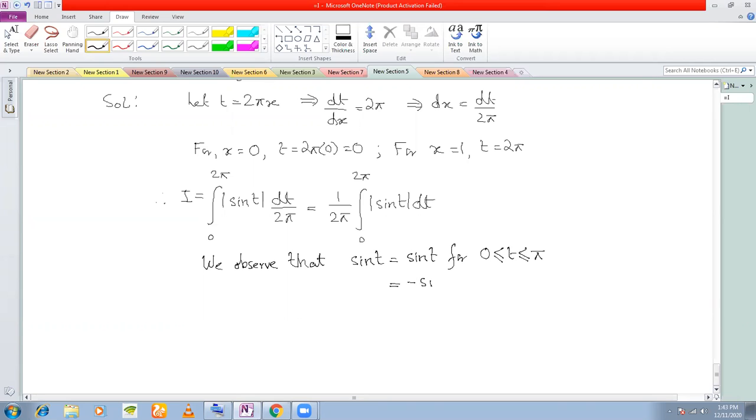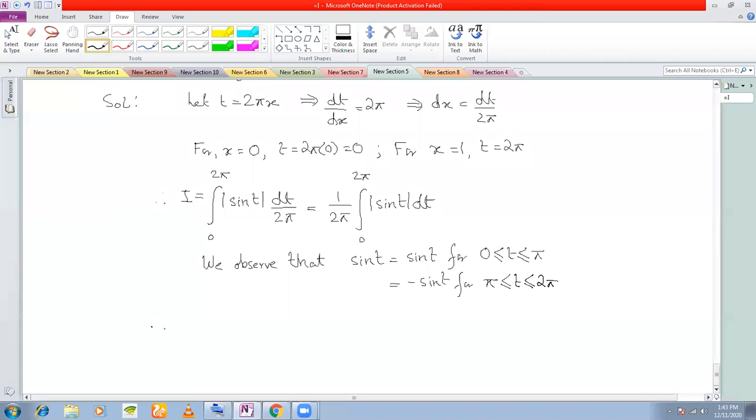So mod sine t is equal to minus sine t for t lying between pi and 2 pi. Therefore the 0 to 2 pi interval can be broken up into two intervals, 0 to pi and pi to 2 pi.